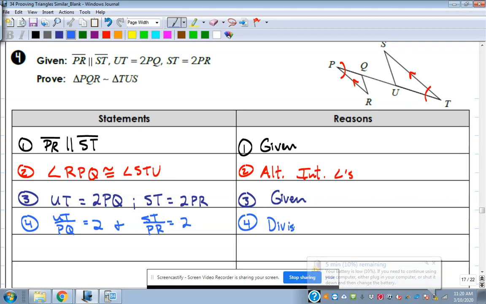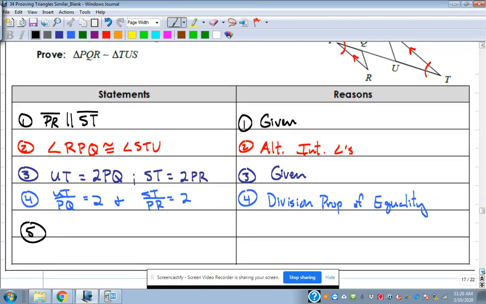By the division property of equality. Because they both equal 2, what do we know about the ratios? The ratios of those sides are equal by what? The ratios. We're not to the triangles yet. How did we get from statement 4 to statement 5?